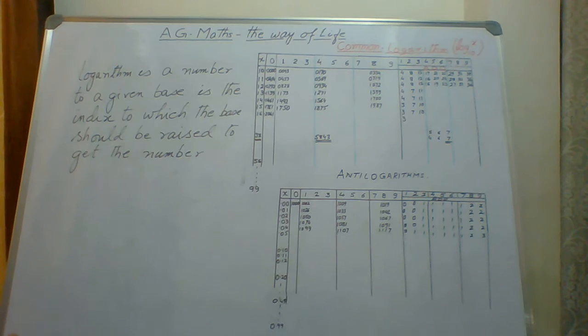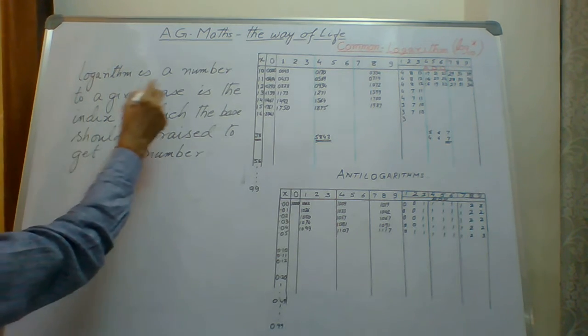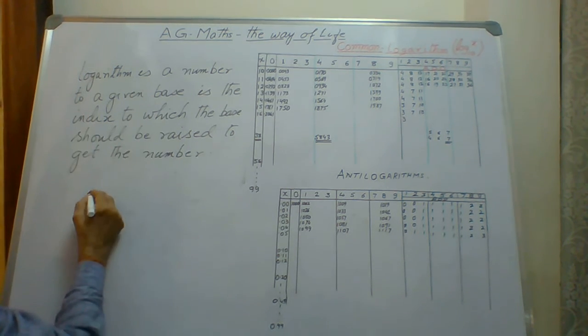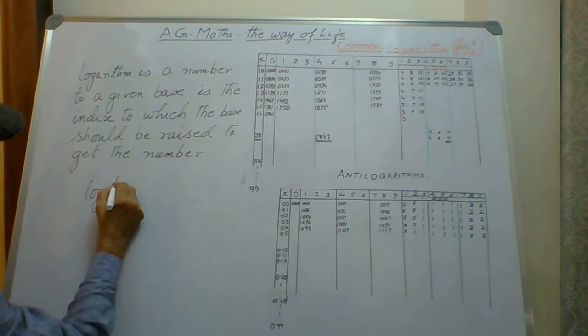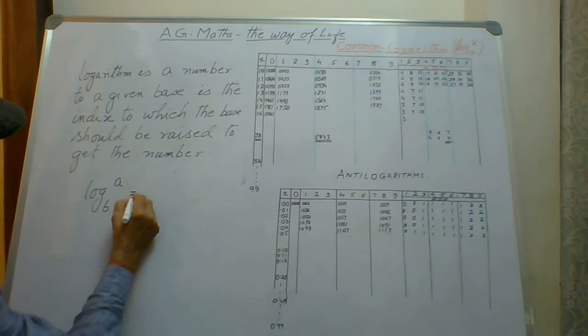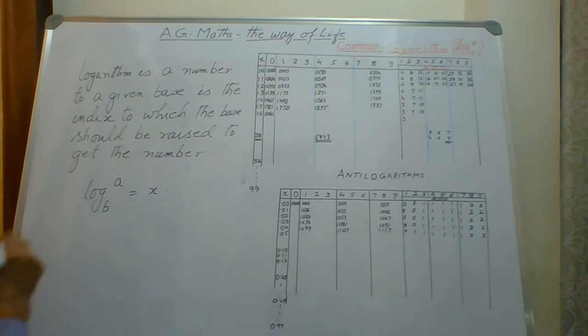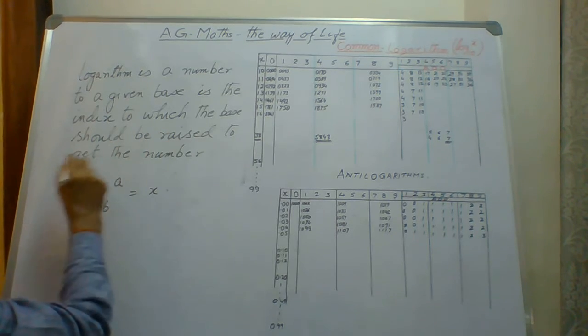As I just told you, logarithm is of a number to a given base. If I write logarithm of a number a to the base b and the value is x, it is the index to which the base should be raised.